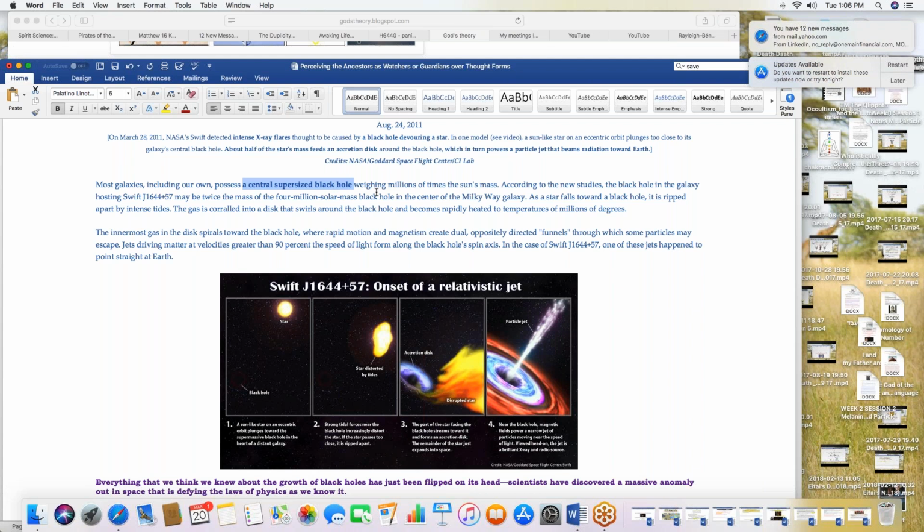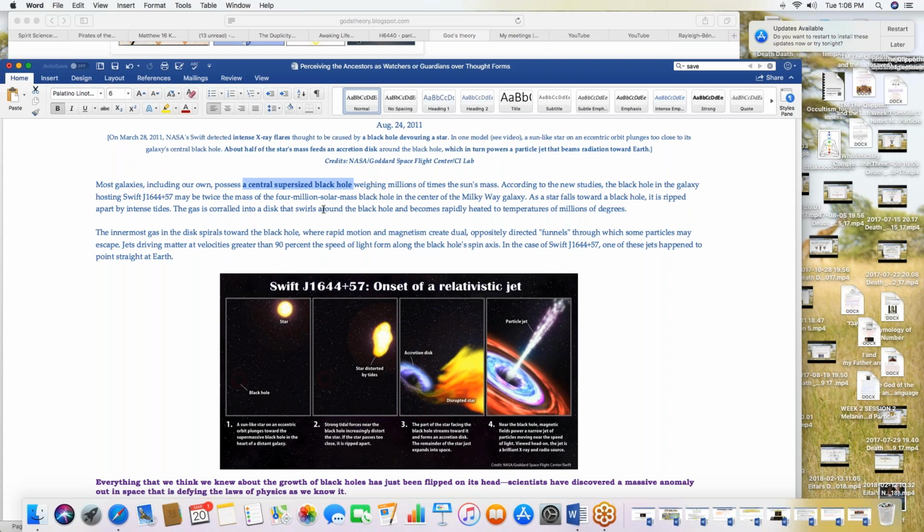That's that great lion. According to the new studies, the black hole in the galaxy hosting Swift may be twice the mass of the 4 million solar mass black hole in the center of the Milky Way galaxy. This new black hole is twice the size of the one in the Milky Way galaxy.